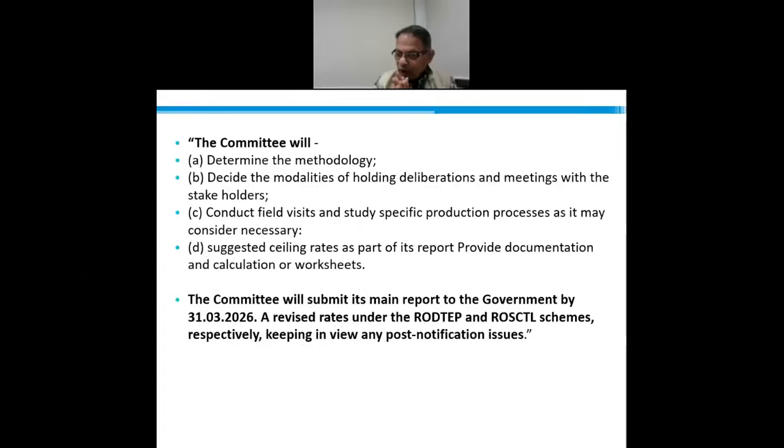You still have time. But I am 100% sure by then, the committee will also have access to returns filed by those people who have claimed RoDTEP in 23-24. So there will be some documentation available.